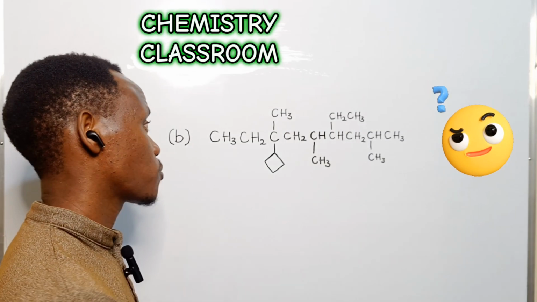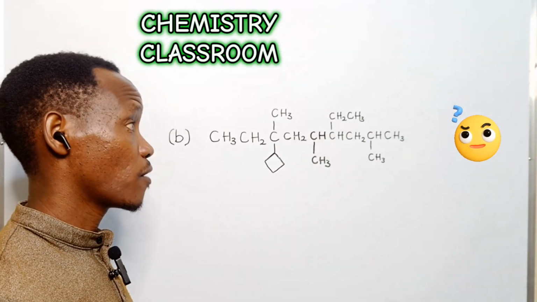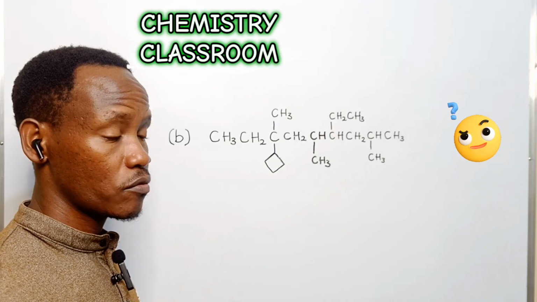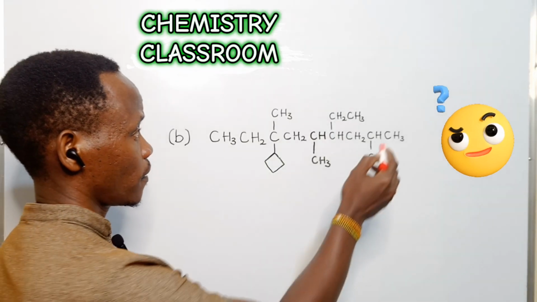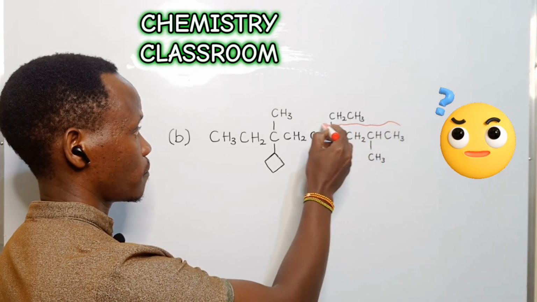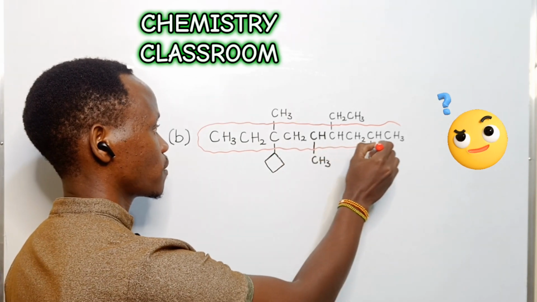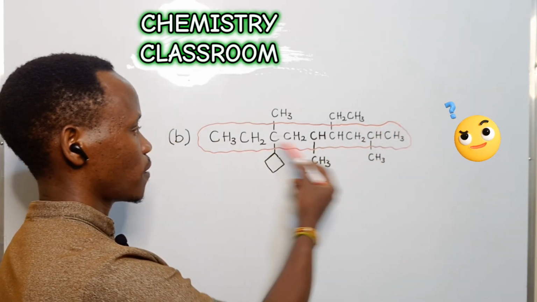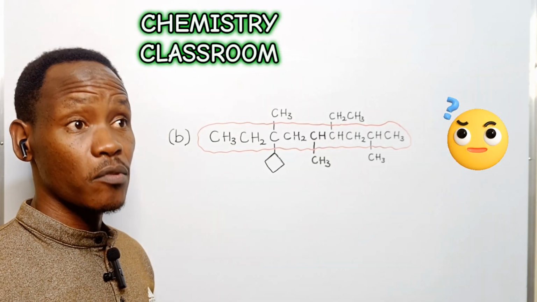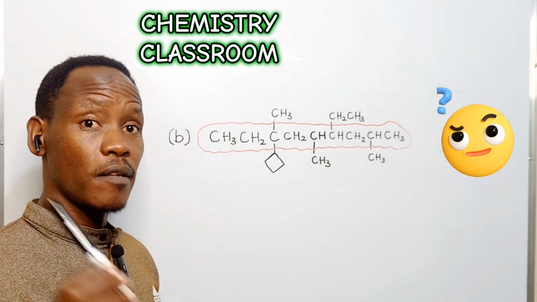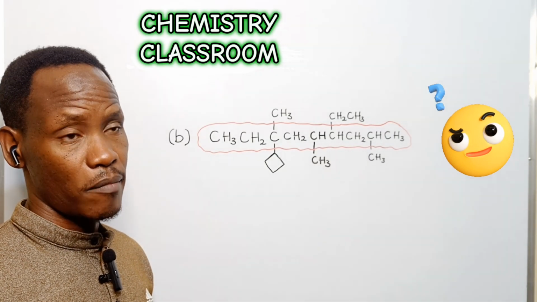Part B here, we are also supposed to identify the correct name of the compound by following the guidelines above. Guideline number 1 requires us to determine the parent chain, and without wasting time, this in red is our parent chain. But I have to insist that before you determine the parent chain, you must go through the compound and identify all the possible carbon-carbon connections, and from those you have identified, the parent chain is always the carbon-carbon connection that has the highest number.